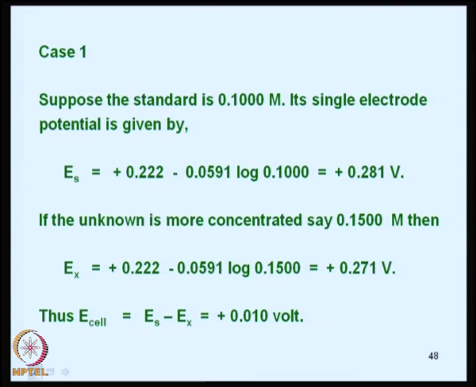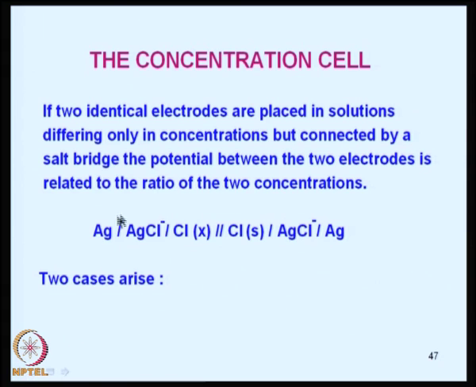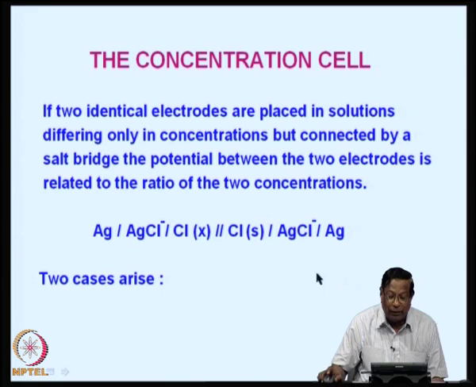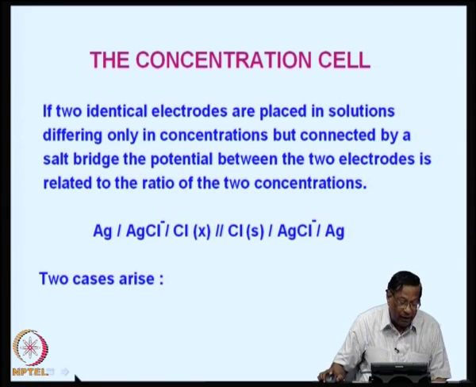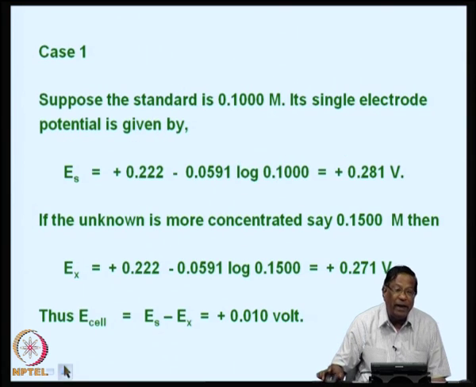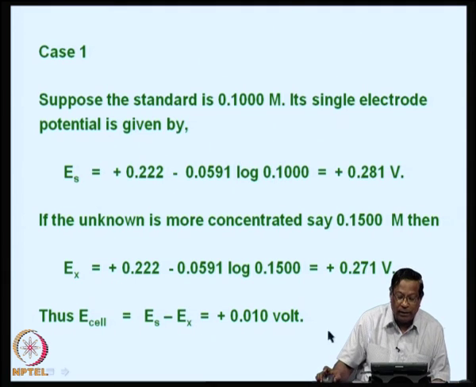Since the electrodes are the same, the silver chloride and silver on the left and right are the same, they cannot contribute to any difference in the voltage you observe, but the only difference should come from the concentration of the standard and the unknown.